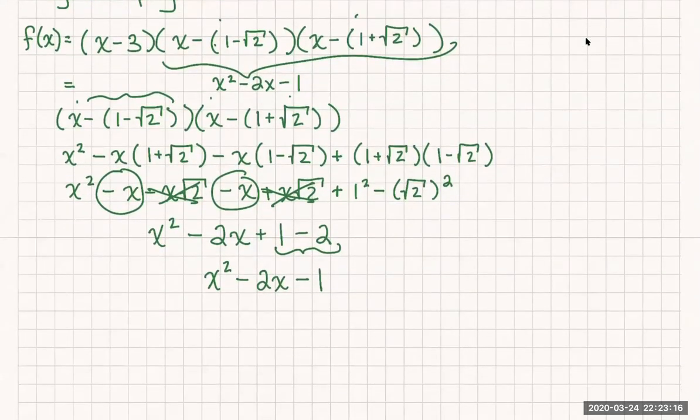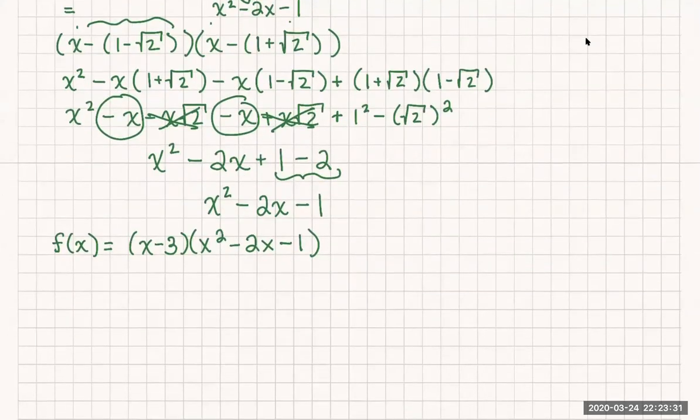But I'm still not done. I still have to multiply this by x minus 3. Now remember, how do I multiply a binomial times a polynomial?